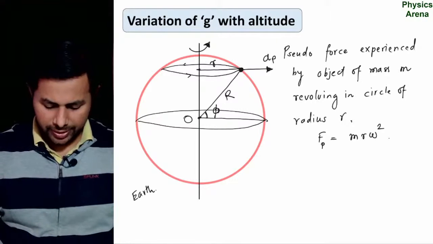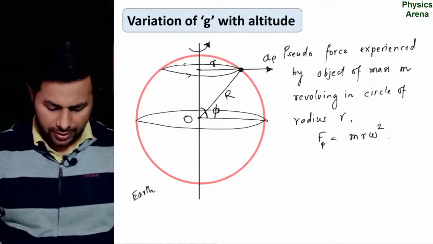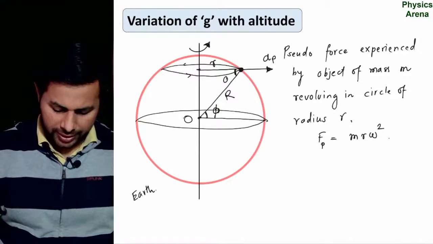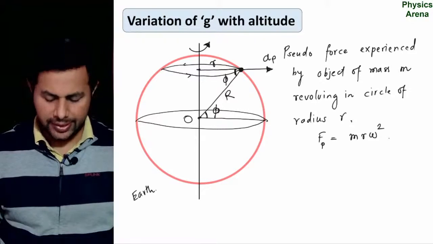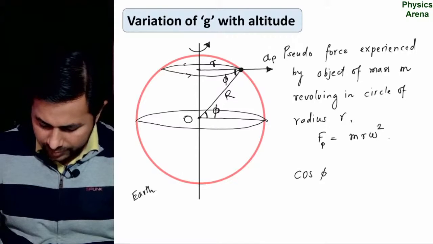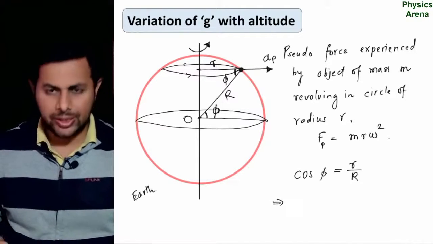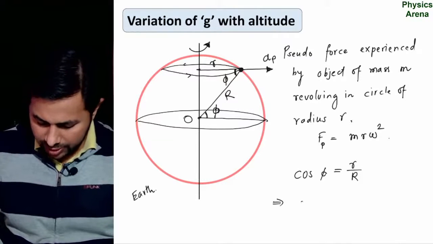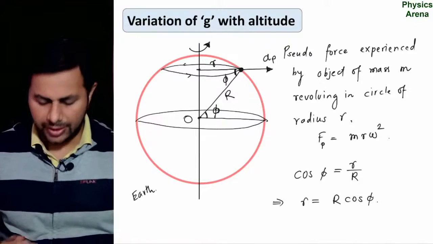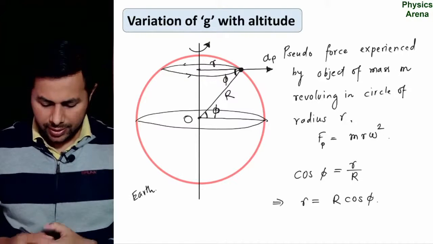If this angle is phi, then this one will be 90 minus phi, and again this angle over here is phi. So if you see this triangle, then cos phi will be small r divided by capital R, which implies that small r equals R times cosine of phi.